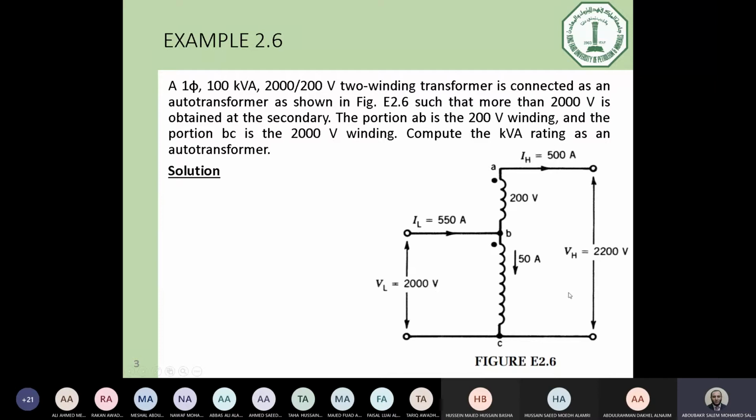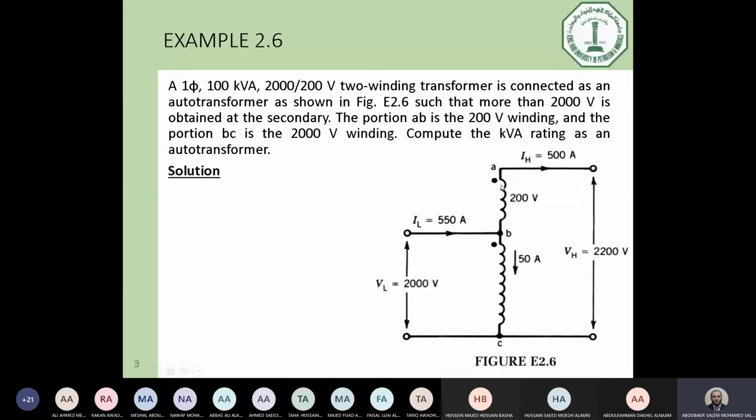Now, the question is, this coil was working at 100 kVA and it should work at the same value. It cannot work with higher ampere because it's designed for this value. So if you calculate the current moving in this coil based on the 100 kVA and this volt, you will find the current here is 50 ampere. Similarly, the current in the top part of the coil, due to the 100 kVA, is 500 ampere.